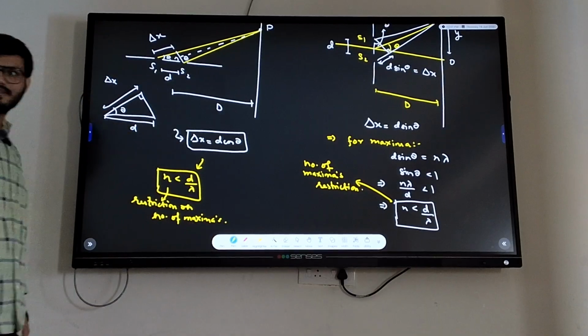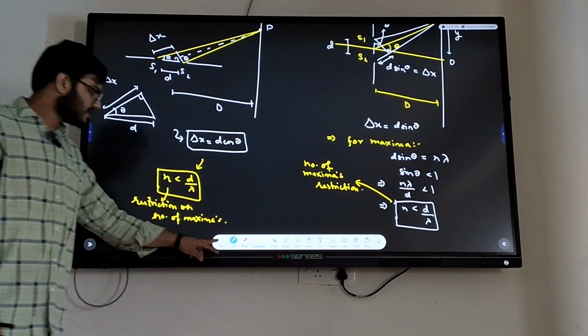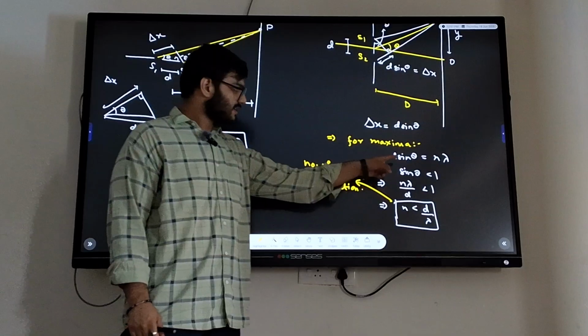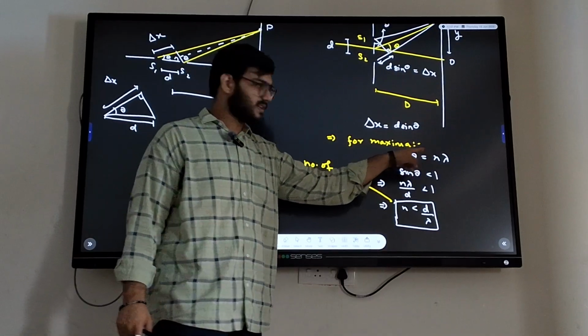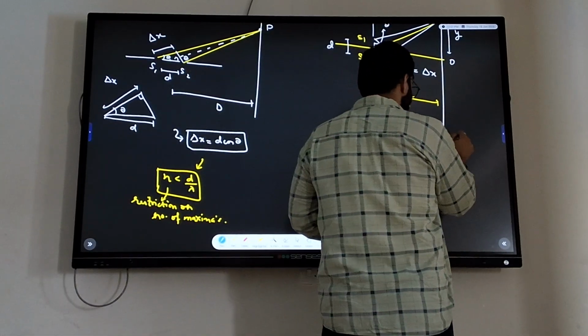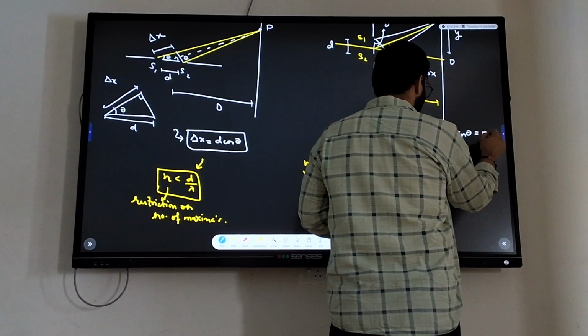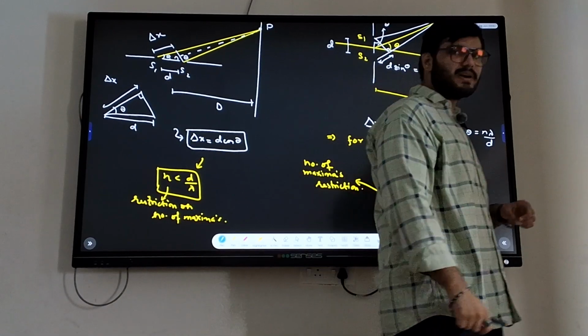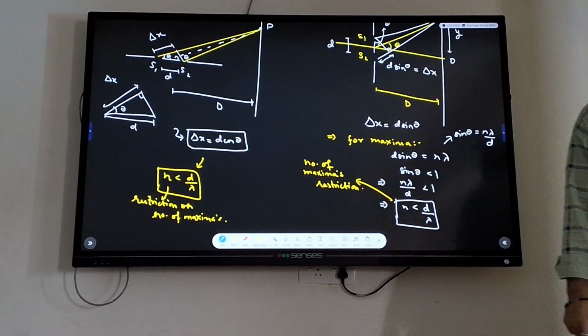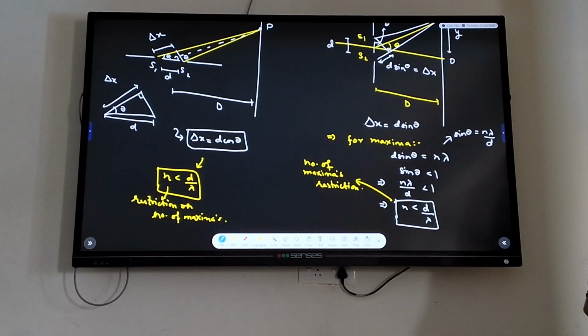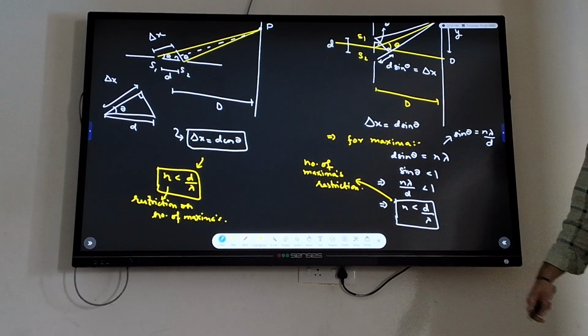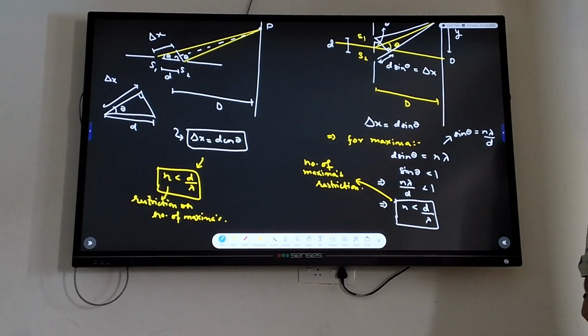But now a very interesting thing occurs. If you have sine theta, then can you see from this equation that sine theta is equal to n lambda by d. For a given experiment, lambda and d are constants, and theta is a variable on the screen, and n gives you the corresponding values. Sine theta goes like what in 0 to 90? Increase.